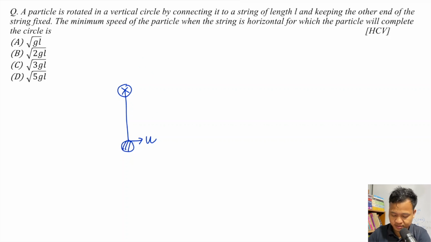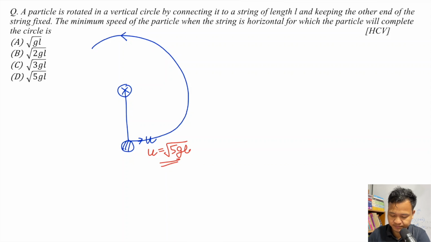If u is given to the object to perform vertical circular motion and complete the circle, the minimum u required was root over 5gl. The question is, what is the minimum speed of the particle when the string is horizontal, that is v? What will be the value of v such that it will complete a full circle?